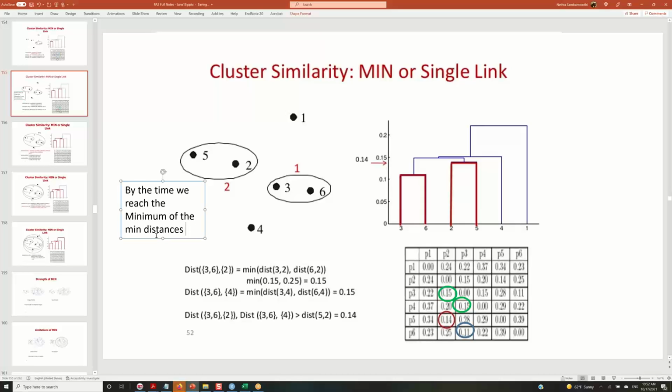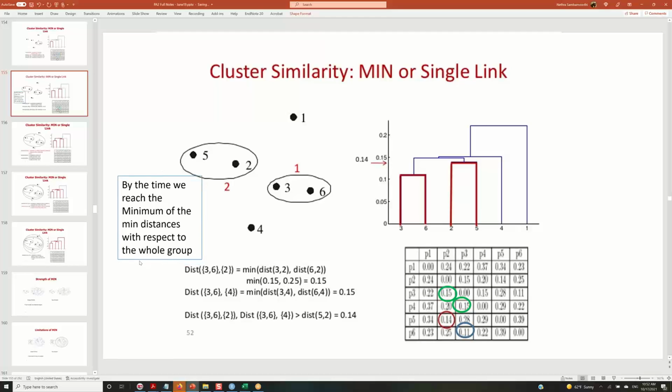The wording is minimum of the minimum distance with respect to the whole group. Maybe it's better with respect to the whole group. Okay. Does it mean something to you, Nini? By the time we reach the minimum of the minimum distances, the minimum distances with respect to the whole group.